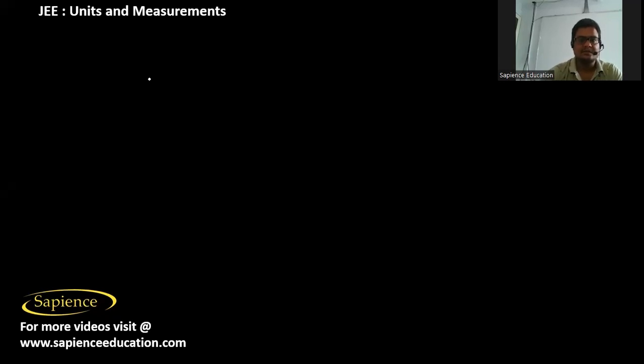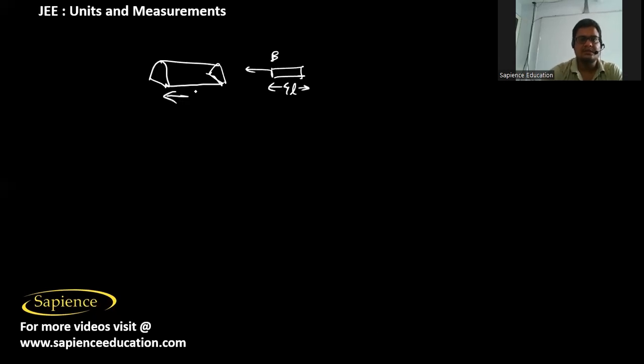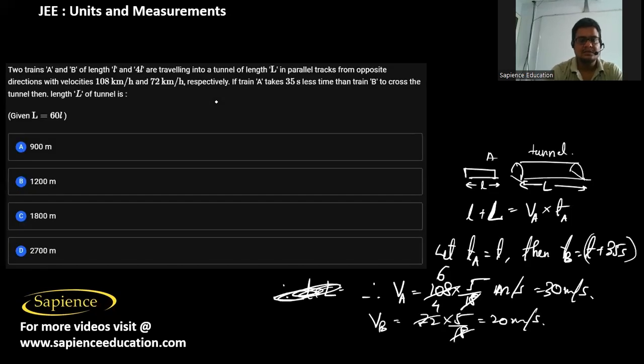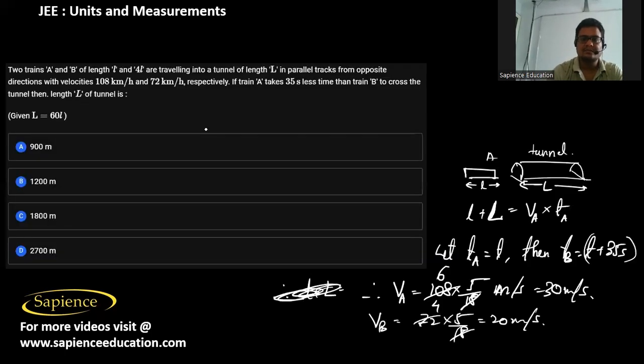Similarly, when the train B will cover the same tunnel, it will come from the opposite direction and its length is 4L. It will cover the length of the tunnel, that is L. So therefore I can tell L plus 4L will be equal to speed of the train B into the time taken by train B. You have to find the length of the tunnel.